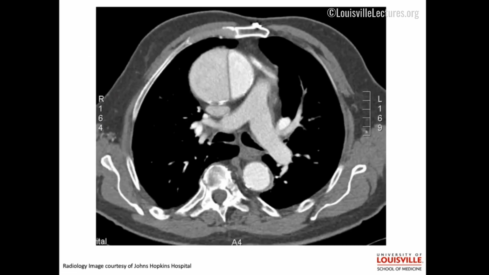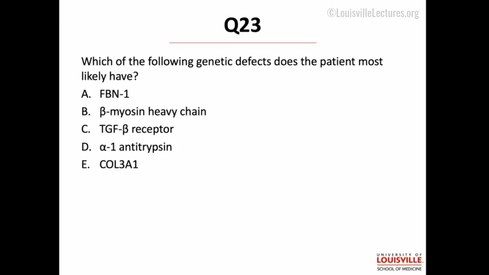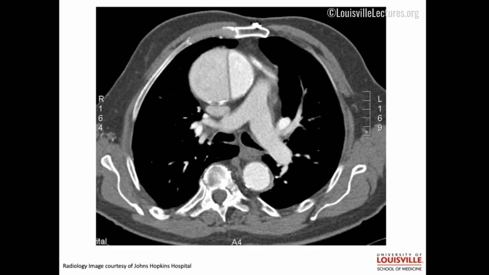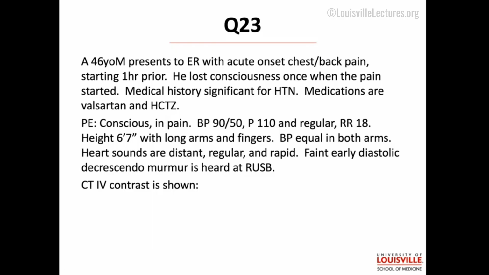Here's your image. Multi-step reasoning. Here's your question. So this patient is something pure recognition. This is the aortic dissection. Okay. The patient is not doing well.